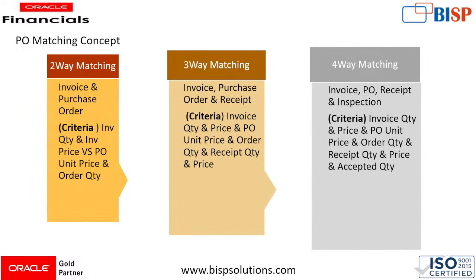In the PO matching concept, you have 2-way matching, 3-way matching and 4-way matching. The 2-way matching means you match two documents, the invoice and the purchase order.